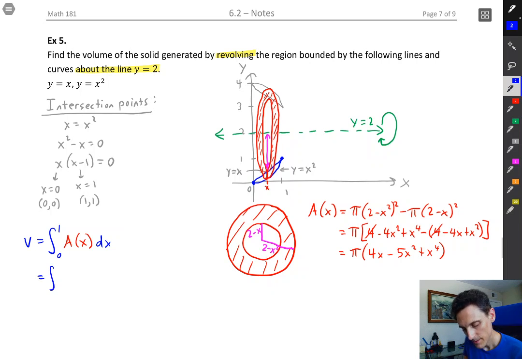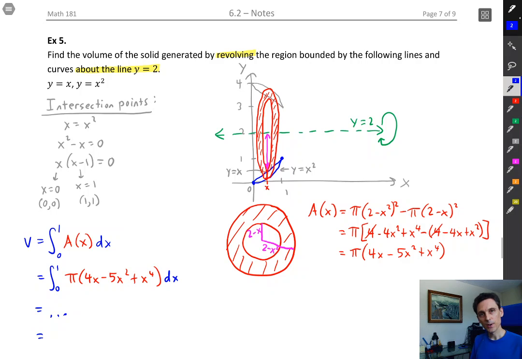And we'll stick the area of the washers right in there. Now once again, this is a pretty straightforward integral, so you can give it a try and you get 8 pi over 15.